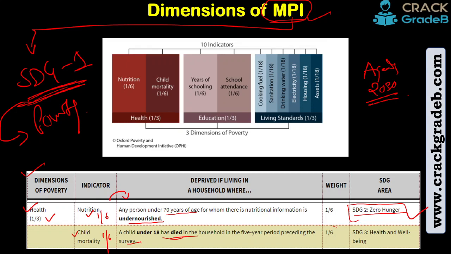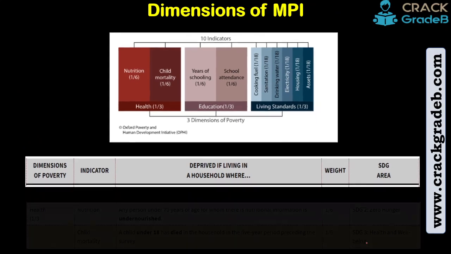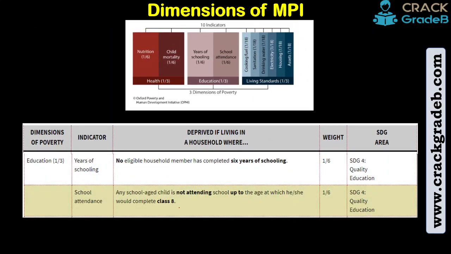Again, the weightage is 1/6 and it caters to SDG 3, health and well-being, right? So let's move to the other one, education, the second one. Overall, it's one third. Years of schooling is 1/6 the weightage. School attendance is 1/6 the weightage.